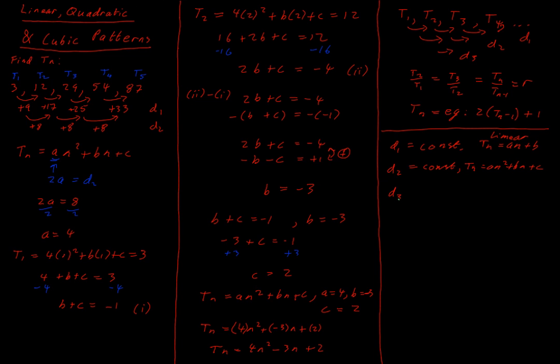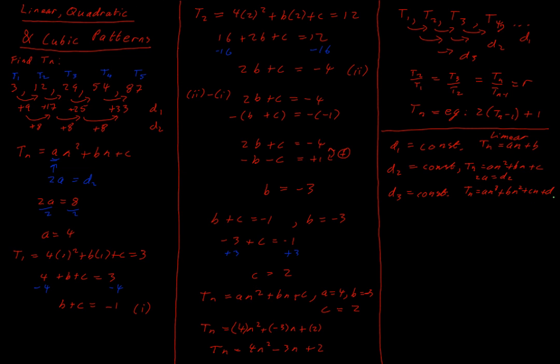If D3, the third difference, the difference of the difference of the differences, was a constant, then we would be dealing with a cubic pattern, an cubed plus bn squared plus cn plus d. We're going to deal with this in the next video. And we know our special rule for our quadratic patterns is that 2a is equal to the second difference.